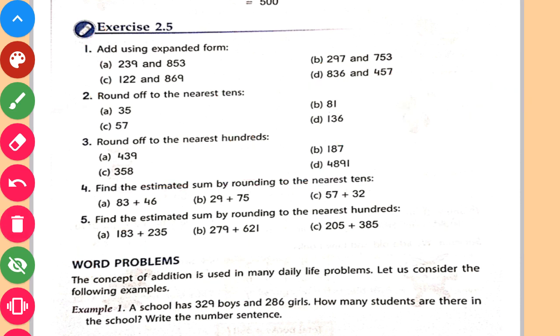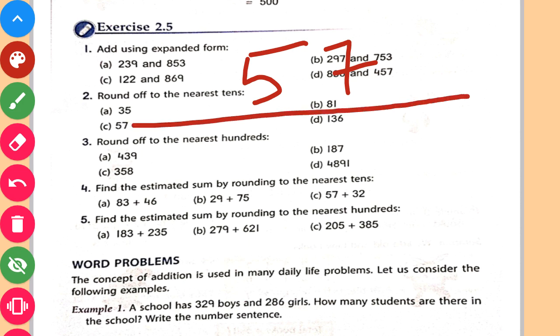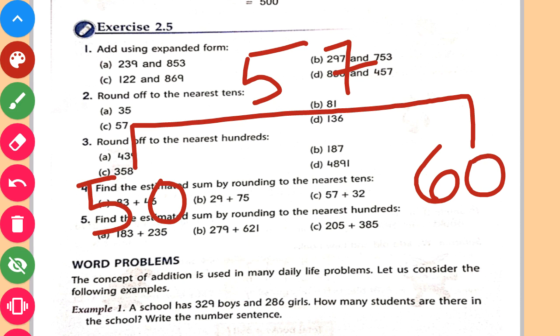Okay. Now, question number C. 57. 57 lies between which two tens? Tell me kids. 57 lies between 50 and 60.